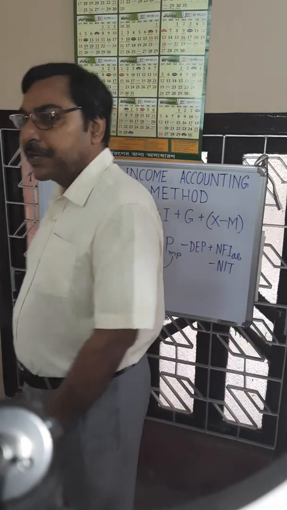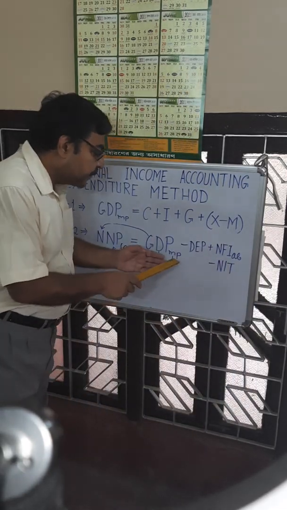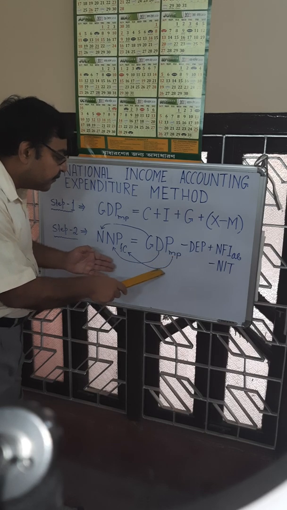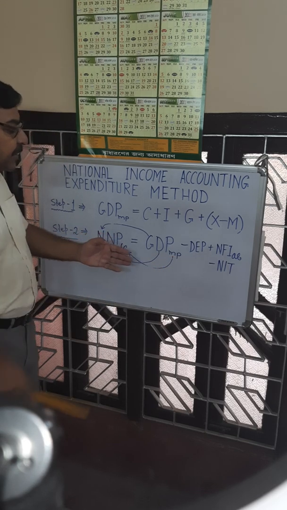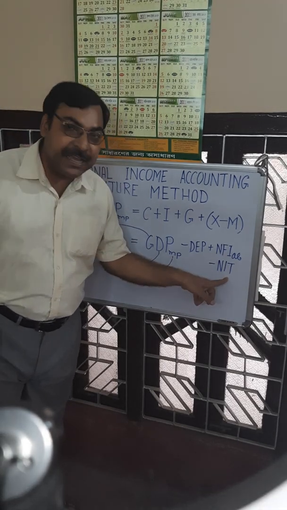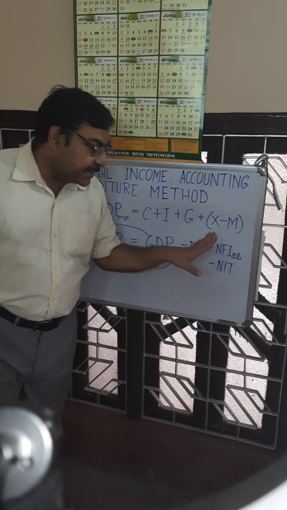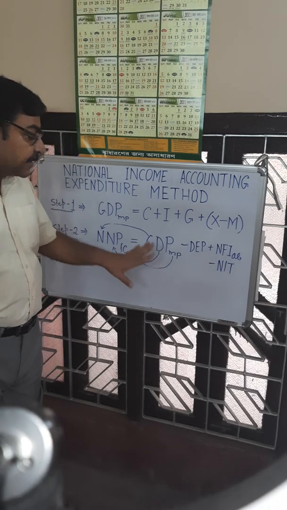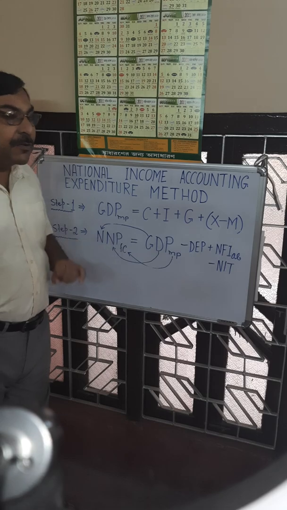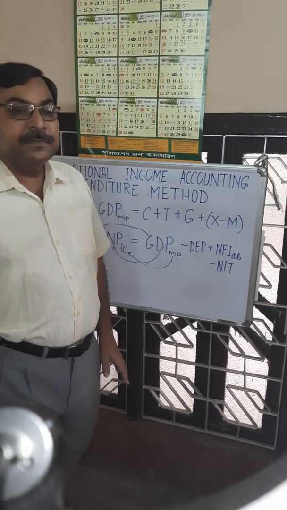And another important adjustment is you have to move from market price to factor cost. Whenever you are moving from market price to factor cost, you have to deduct net indirect tax. So by these three adjustments, you are getting national income, that is NNP at factor cost, from GDP at market price. So in this way, we estimate national income in the expenditure method.